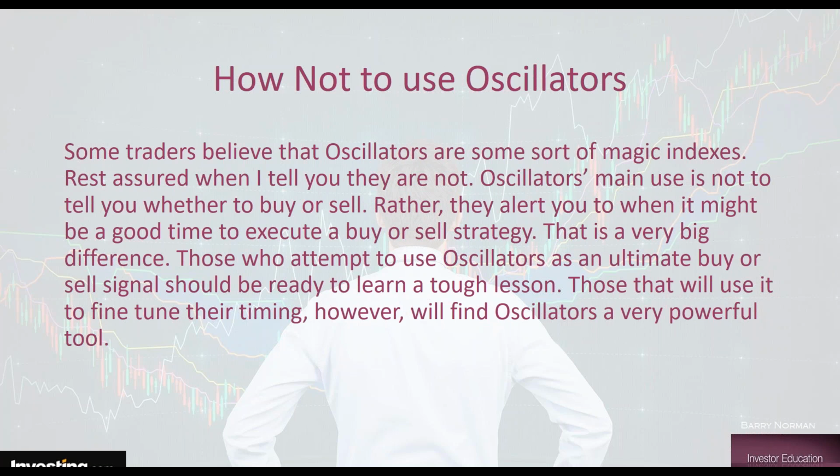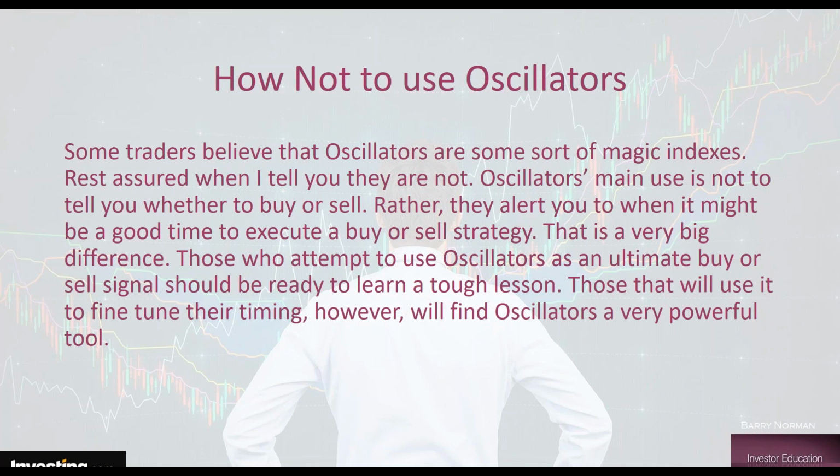Because oscillators and indicators tell you that the market is overbought or oversold, not that you should be buying or selling. Oversold doesn't mean that you should be buying, and overbought doesn't mean you should be selling. Rather, they alert you to when it might be a good time to execute a buy or sell strategy. This is a very big difference.